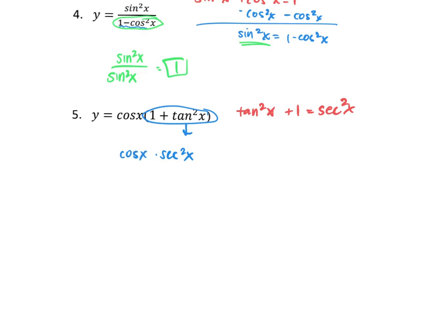And then I can rewrite secant squared in terms of cosine, which is 1 over cosine squared. So we end up getting cosine x over cosine squared x. One of those cancels, cosine divided by cosine is 1. So we're left with 1 over cosine x, which ends up being secant x.